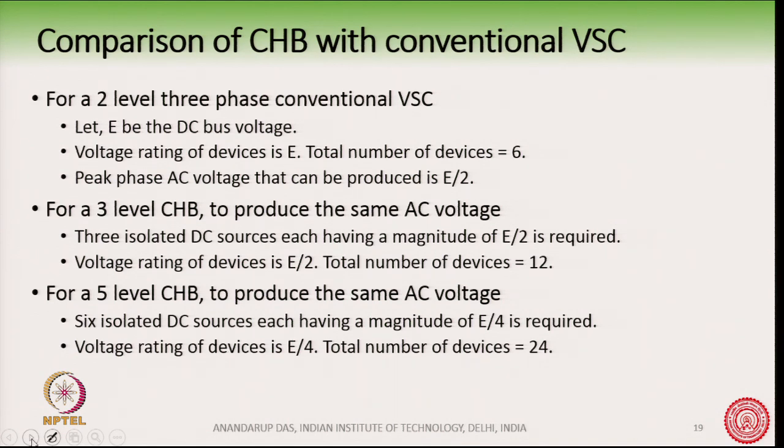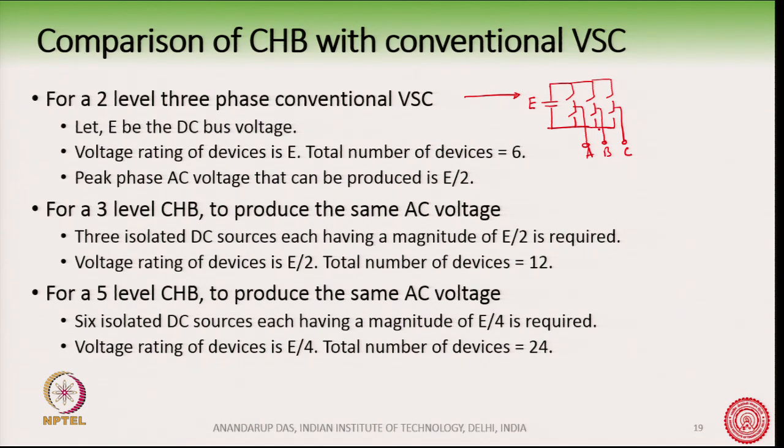Suppose for a 2 level 3 phase conventional VSC, which is this one, with ABC here, suppose the DC bus voltage is E. Then the voltage rating of all these devices is E, and the total number of devices we require is 6.